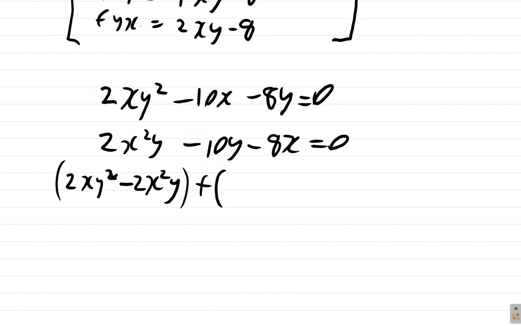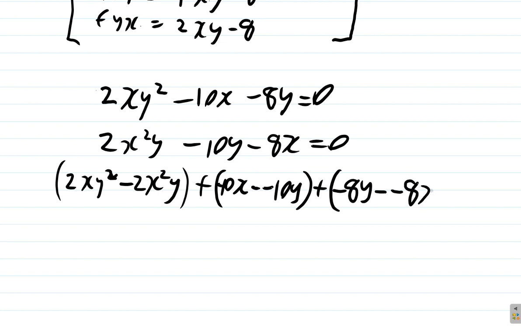Working this way, I find I would be less likely to make a mistake. So it's negative 10x minus negative 10y, plus negative 8y minus negative 8x equals 0 minus 0, which is 0.